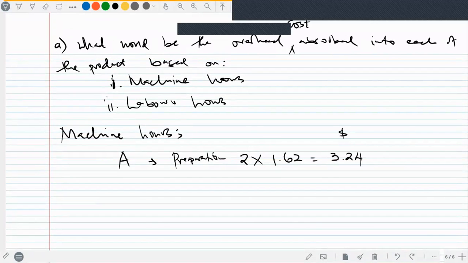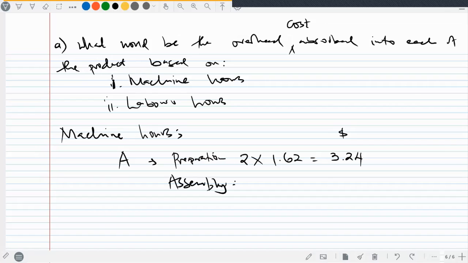Now, this product A goes to the next department, the assembly department, where it takes 1 machine hour.